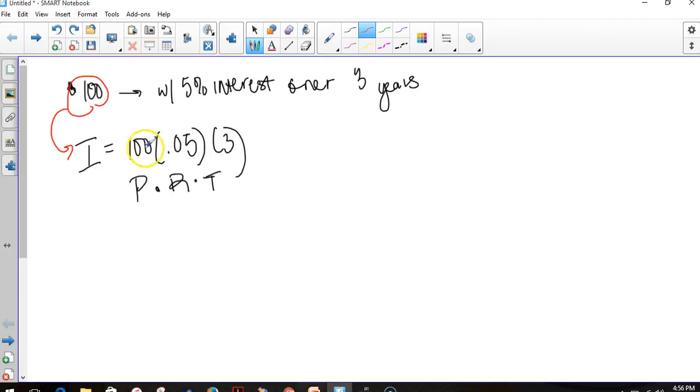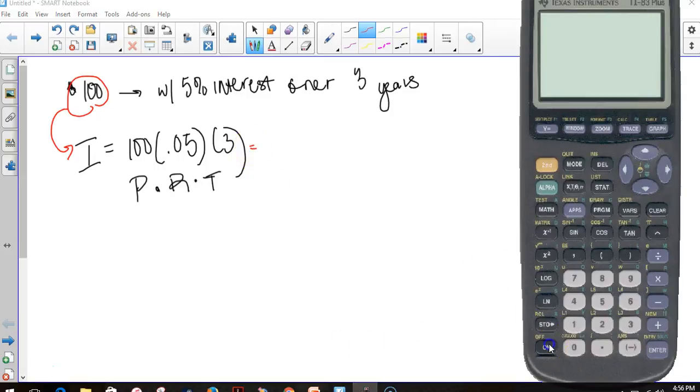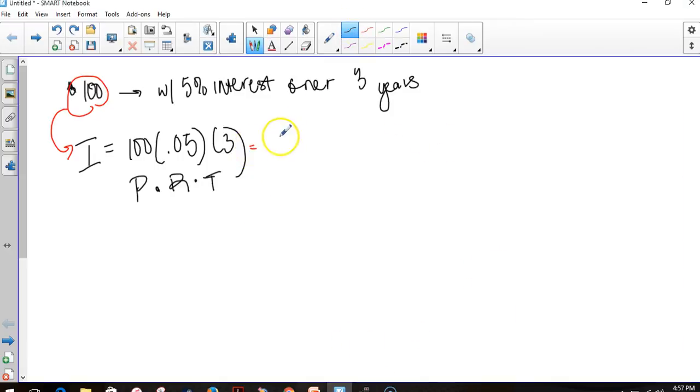So I would need to pay back the interest that I would find by multiplying 100 times 0.05, right, because I need to change my percent to a decimal, times the 3, and I would get 15. So I would need to pay back an interest fee of $15 plus the 100, so I have to pay back $115.